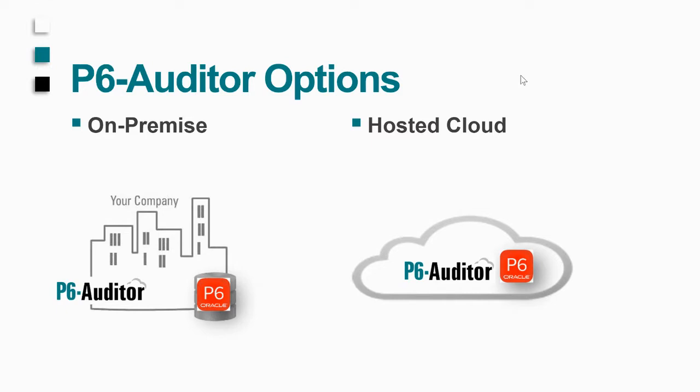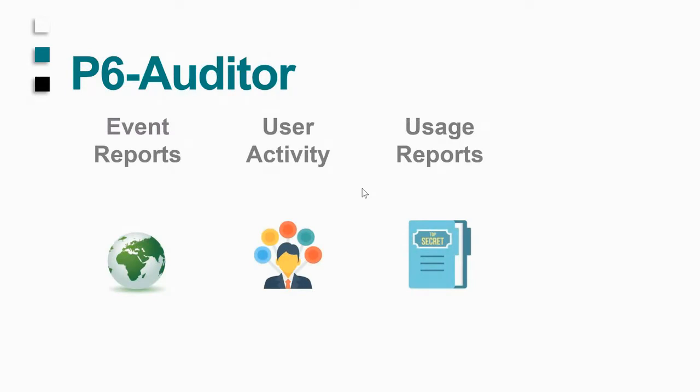It doesn't really matter to us. Or if you've got it hosted with us, obviously that's super easy for us. Essentially any way you deploy it now, it can work, and that's in the most recent versions.